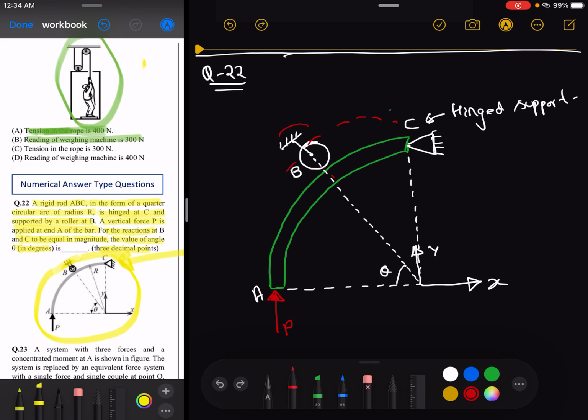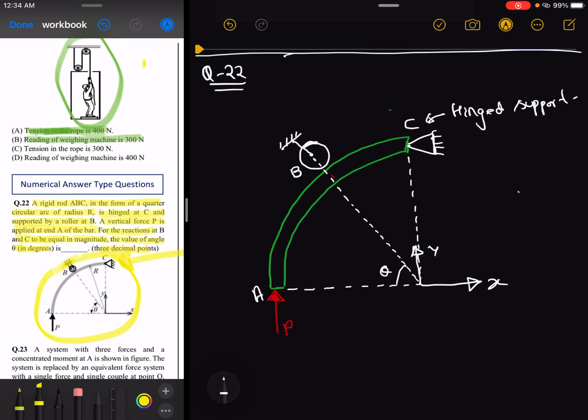So what will be our approach? The system is in equilibrium guys. So we know that only three equations are there to solve the problems related to the equilibrium. That is, the net force should be 0, and the net moment should be 0.